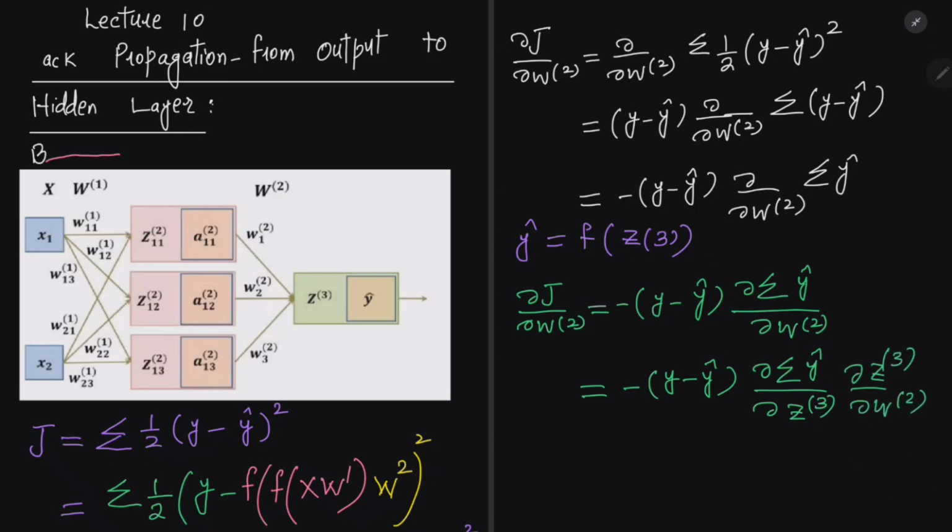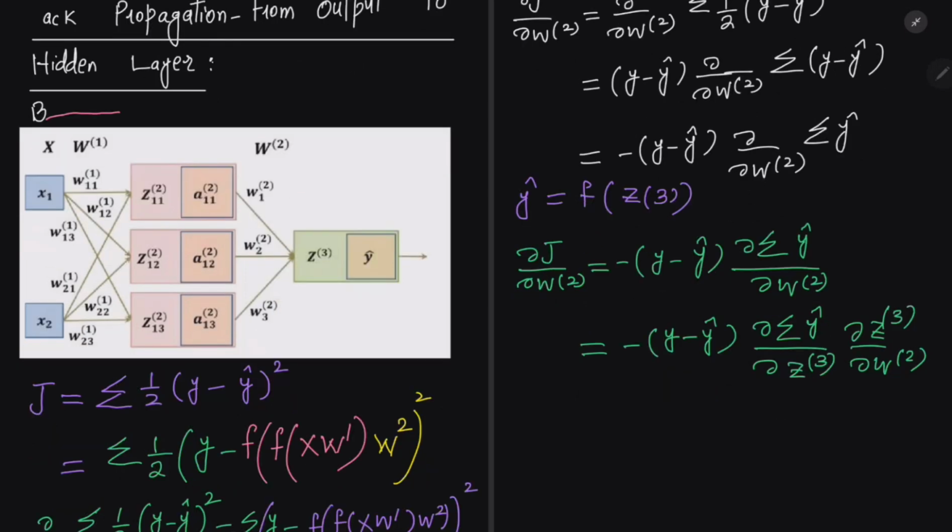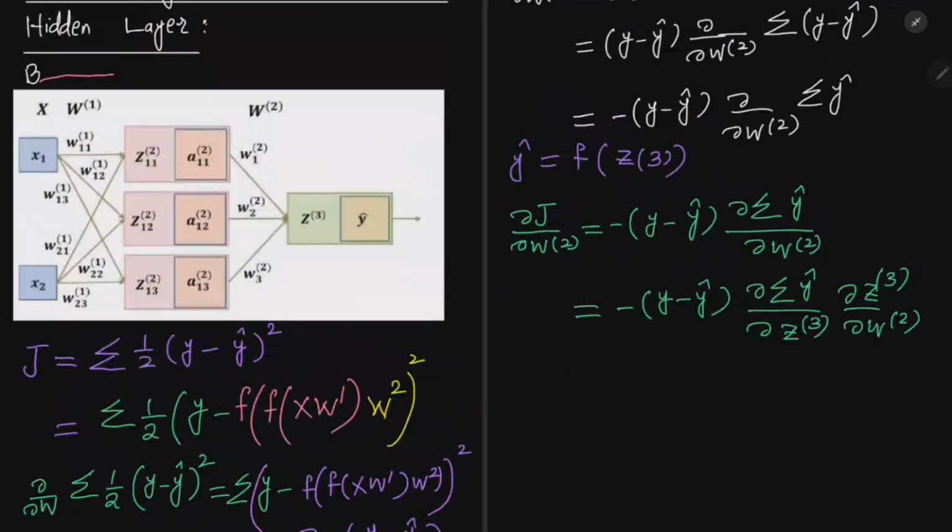So we need to apply the chain rule. We also know that, as I already discussed, z3 can be obtained when you multiply this whole A with w2. So A w2 gives you z3. 3 means the output value.